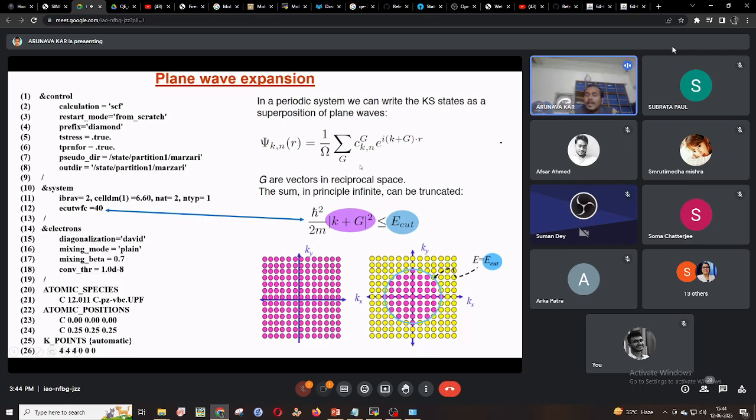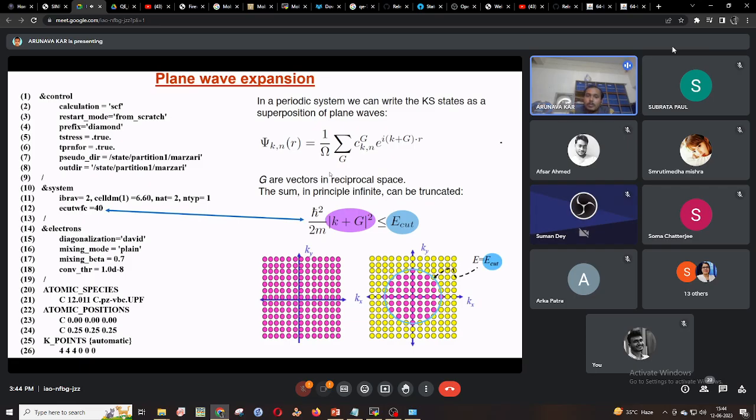We can take an infinite number of expansion coefficients, but if you increase the number, then your calculation time also increases. So it's always better to take a certain amount which is useful for your calculation and also gives you the desired result, not 100% exact.